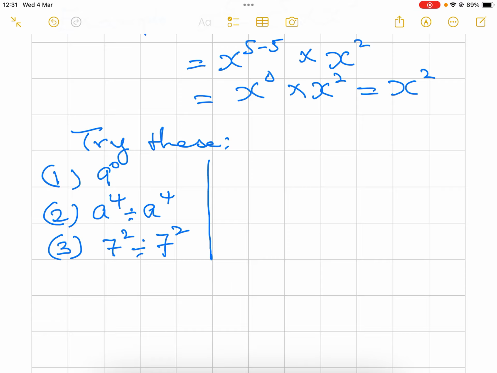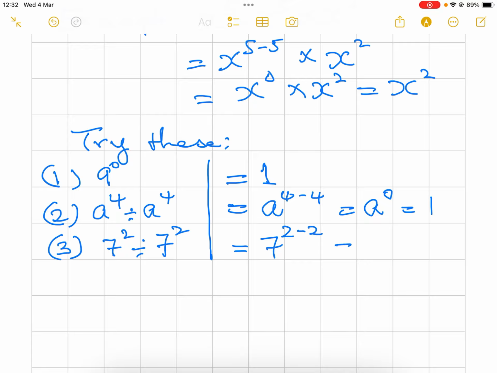Okay, let's look at the first one. This is equal to 1. The second is a raised to power 4 minus 4, which is a raised to power 0, which is 1. And this is 7 raised to power 2 minus 2, which is 7 raised to power 0, which is 1. All right.